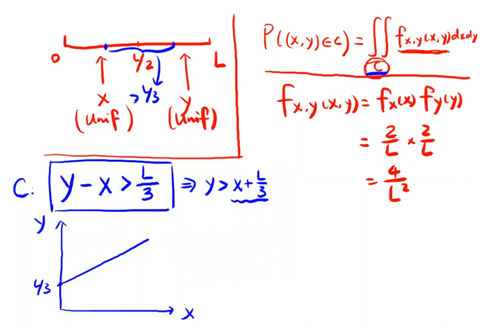We need to have x between 0 and L over 2, and y between L over 2 and L. So say this is L over 2, and this is L, and this is L over 2.